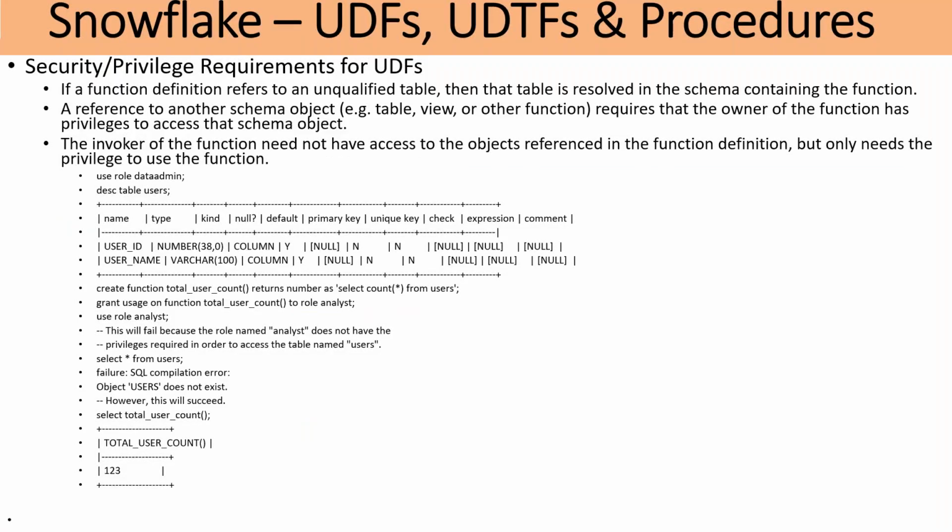We change the role to unlist, and when we go and query the table users, it fails. You don't have the permission on users. Select star from users: no, users does not exist. But you can say select total user count, and it gives you the count. This is just an example of what I have talked about.